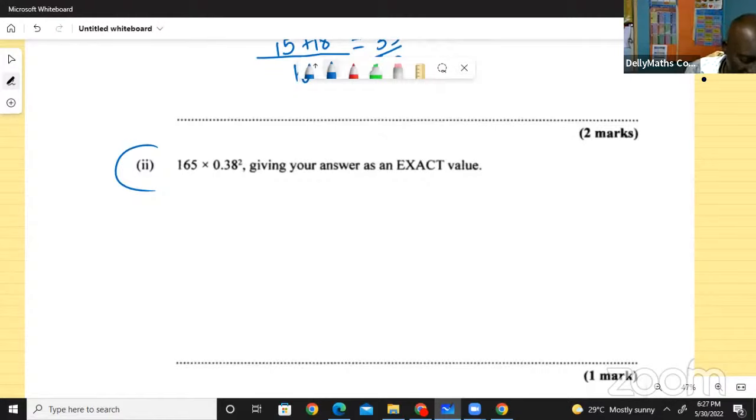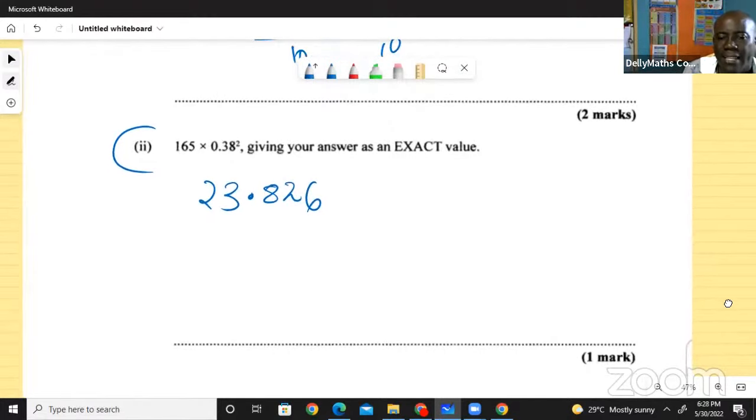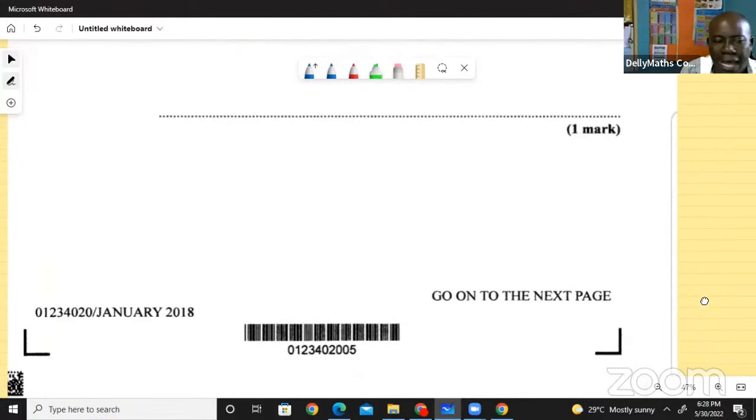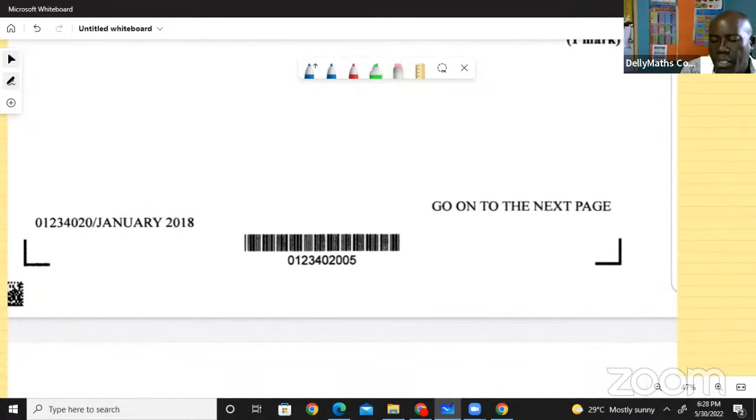So 165 times 0.38 squared, and we get something like 23.826. So that's the exact value that we have. What we're going to do, though, is use that exact value to do a number of things, all right?